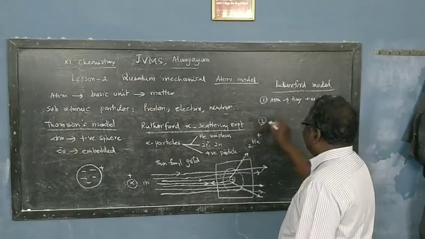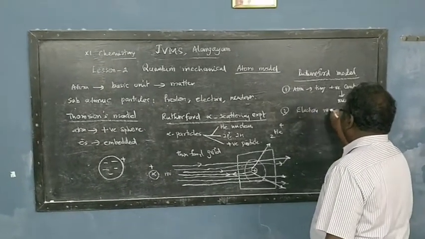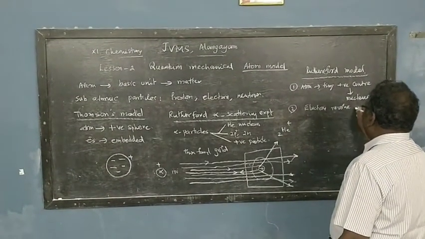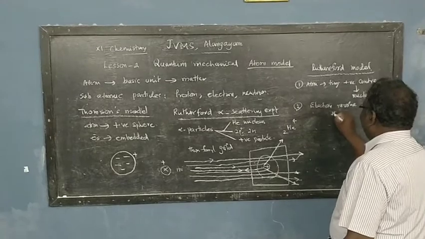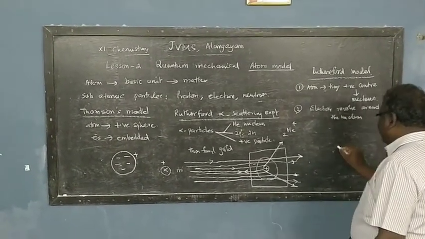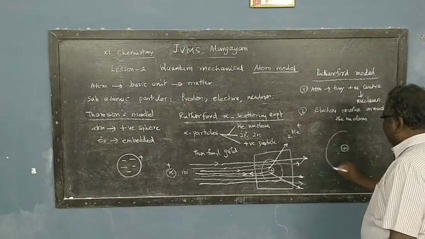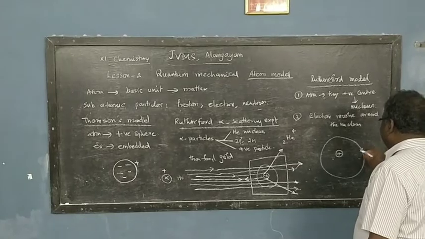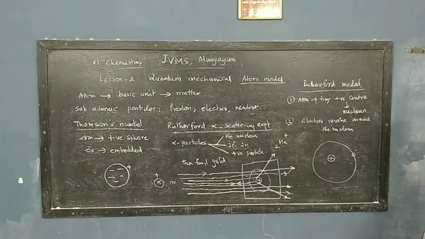Then the second point is that electrons revolve around the nucleus. This is the model suggested by Rutherford. So positively charged nucleus is present. Around that, electrons are moving, revolving around the nucleus. This is the model proposed by Rutherford.